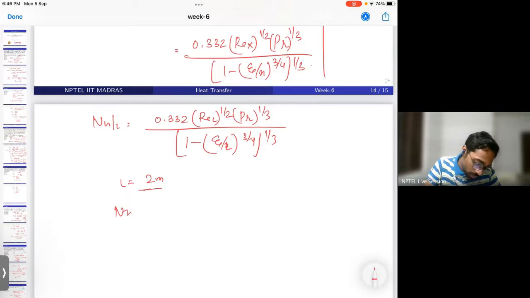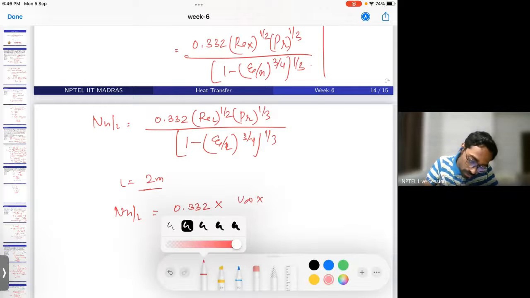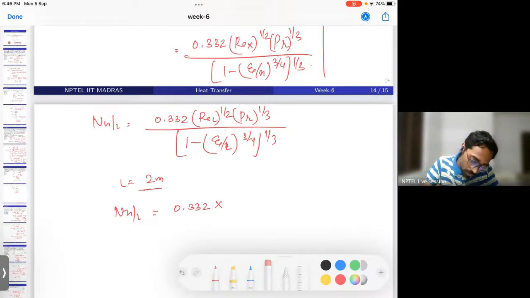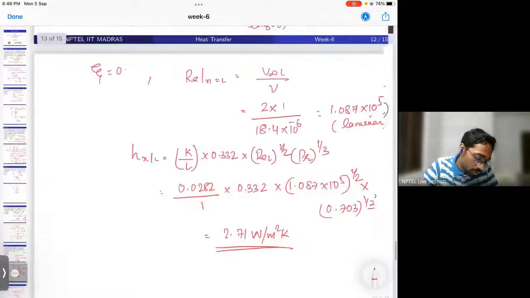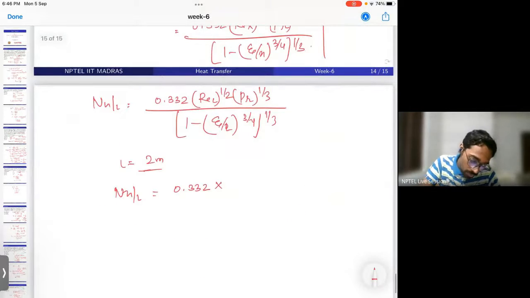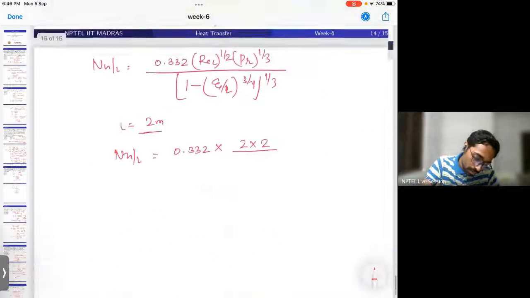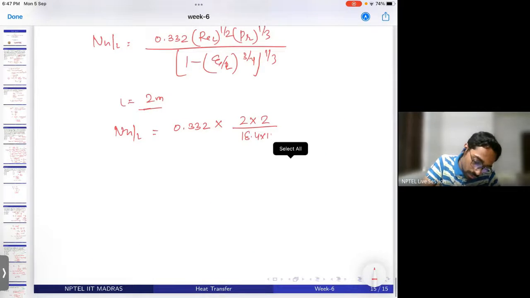So if you calculate Nu_L equal to 0.332, Reynolds number we need to calculate, that is U infinity into L, which is 2 meters, so into 2 divided by nu, which is 18.4 × 10^-6, the whole raised to 1 by 2.